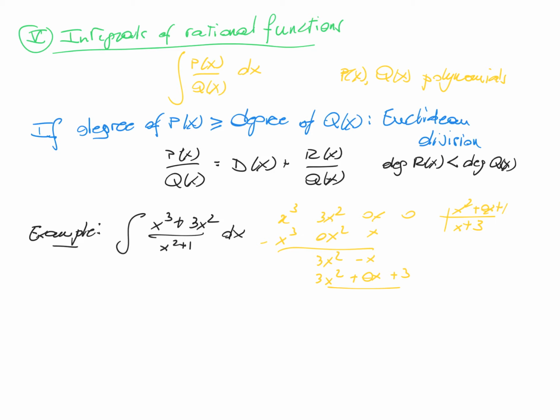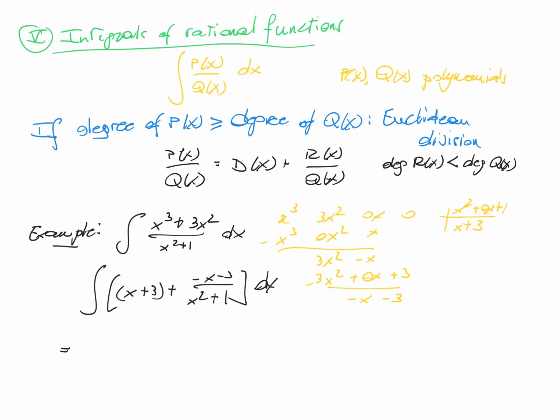Then we do the subtraction and we get minus x minus 3. So the result of my division is now x plus 3, this is my d(x), plus my remainder, minus x minus 3, divided by q(x), which is x^2 + 1. And now we have to take the integral of this entire thing.